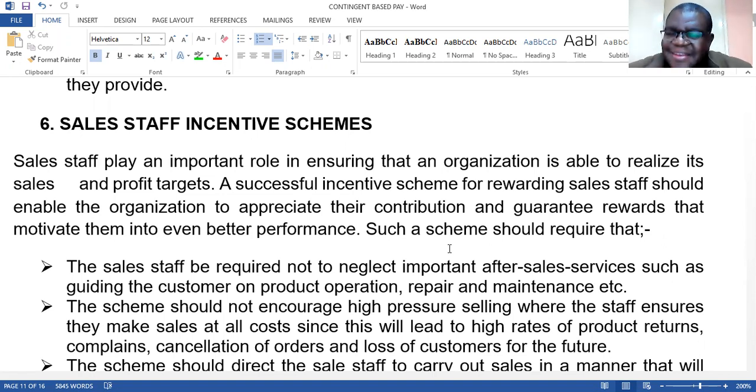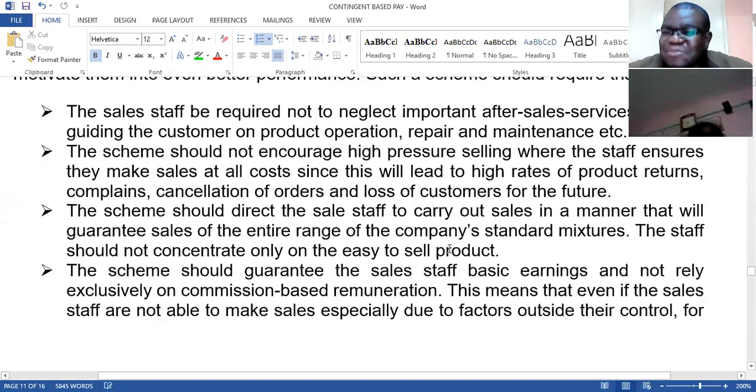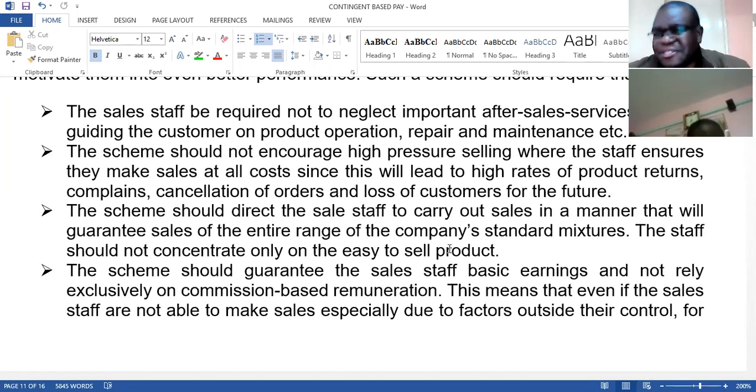That then enables the sales staff to engage in sales without neglecting critical elements like after sales service, encouraging them to do sales without focusing on what we call high pressure selling. High pressure selling is where they make sales at all costs.